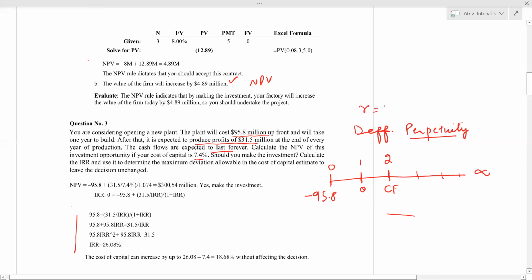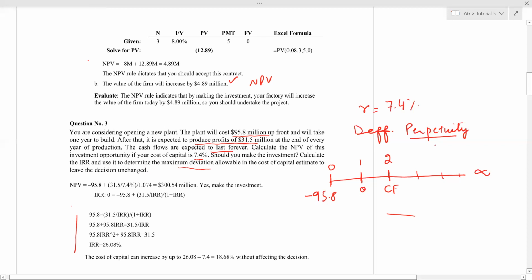So R is equal to 7.4%. Should you make the investment? Calculate the IRR and use it to determine the maximum deviation allowable in the cost of capital to leave the decision unchanged. This part we will explain, but first we need to calculate NPV.